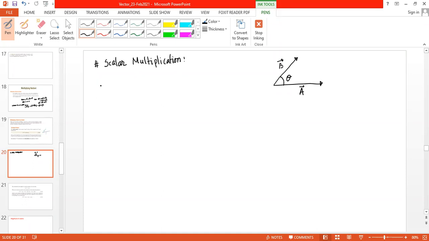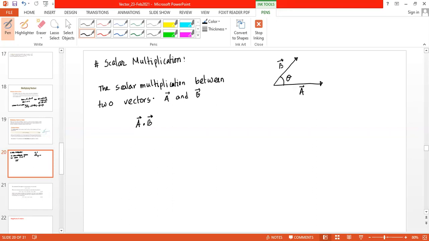The scalar multiplication between two vectors A and B can be represented as A dot B. If you multiply two vectors by scalar multiplication, we put a dot sign here, and the result is A, B, and the cosine of the angle between them, cos theta.